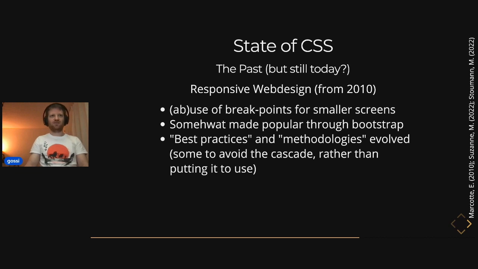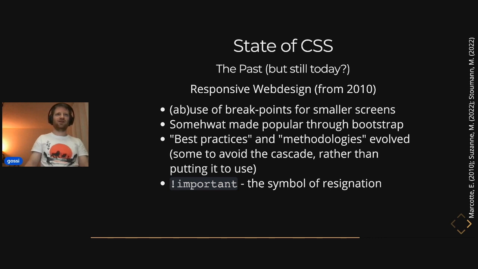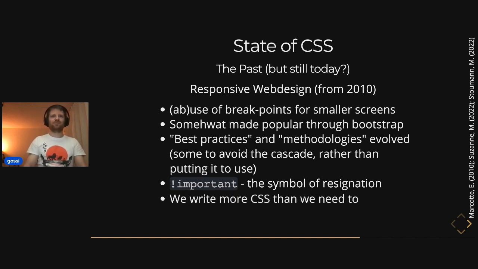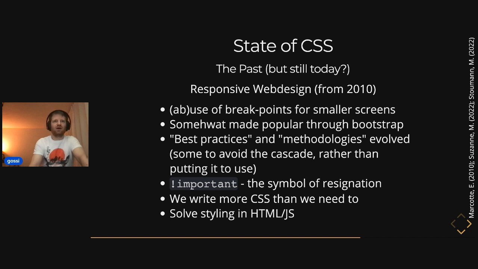And also, when you are in such a situation, maybe I've used important, like the symbol of resignation when you give up fighting against CSS and say, no, please take it. There are so many things where the cascade is not working for me, but against me. And we also write more CSS than we need to. And when we put this into frameworks, then we solve a lot of styling through HTML and JavaScript rather than using CSS to solve the styling.